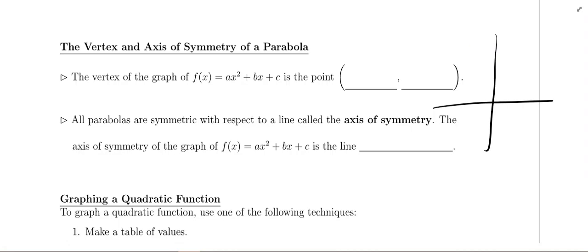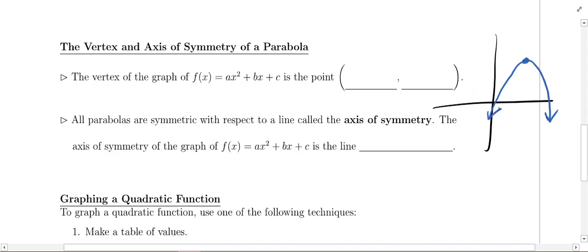The vertex could be anywhere in the XY plane. Maybe that point in blue is the vertex of the parabola I'm graphing, and maybe my parabola looks something like this. But the vertex is going to exist somewhere in the XY plane, and it's the first point we're going to find in order to graph our parabola by hand.